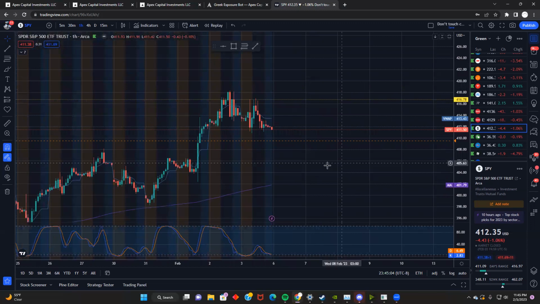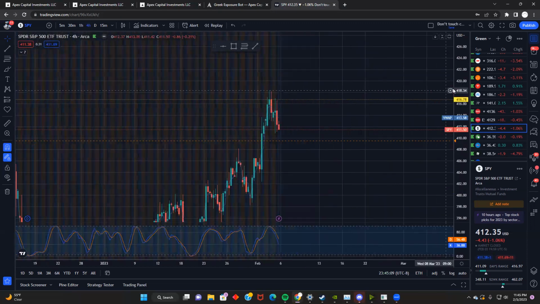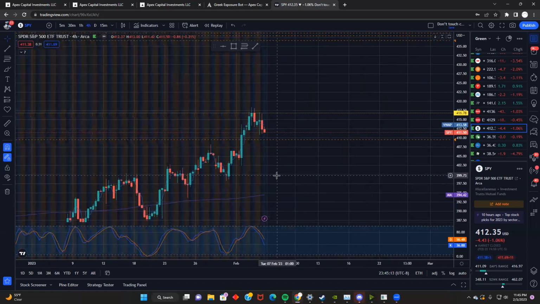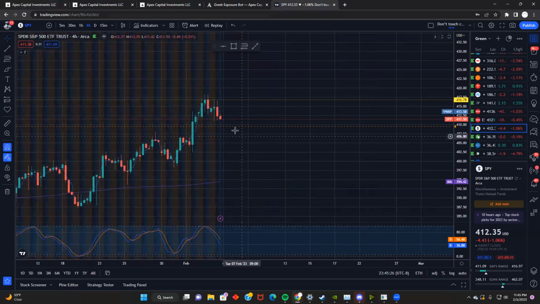As far as indicators go, you don't need any indicators when using this method or this strategy. But if you do have indicators that you like personally, just adding them to this method would only make it that much more accurate. But how does it work? Essentially, what we're doing is we're trying to find a trading range on any particular stock that we're looking at.